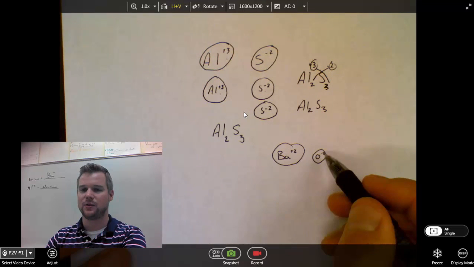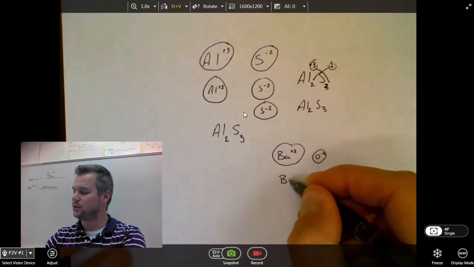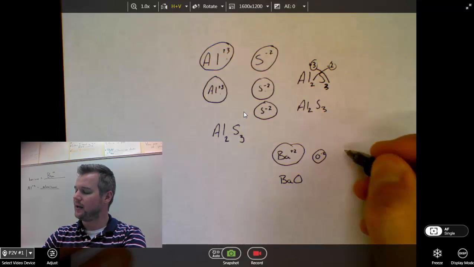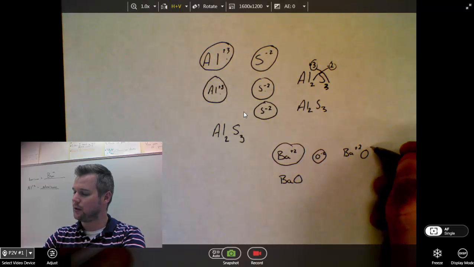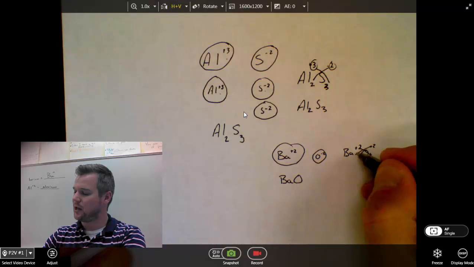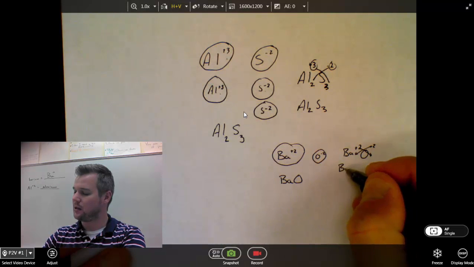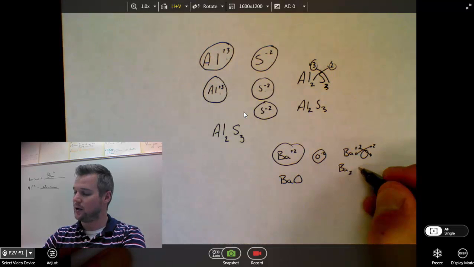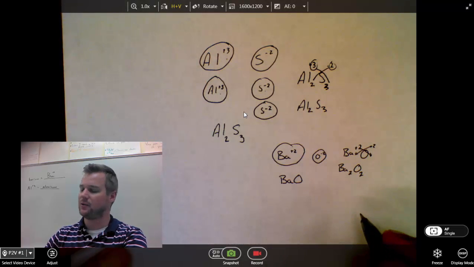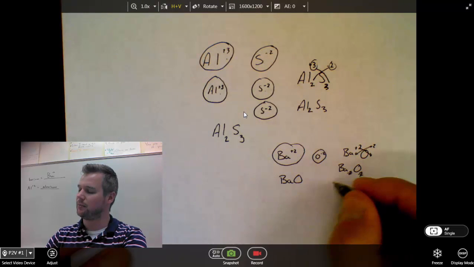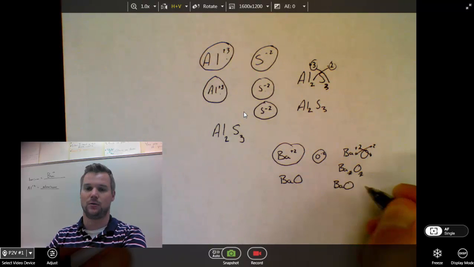Plus 2, minus 2 cancel. So I have 1 of each, so it's BaO. If I happen to have this in the crisscross method, and I crisscrossed, I would end up having Ba sub 2 and O sub 2. But because these two can both be divided by 2, I will reduce them down into BaO, like so.